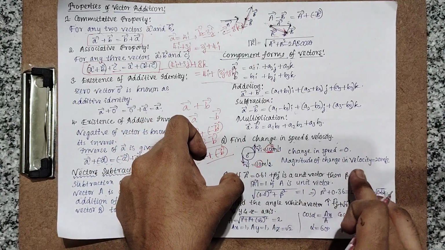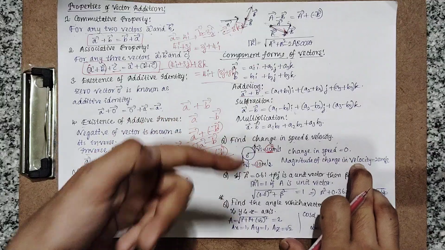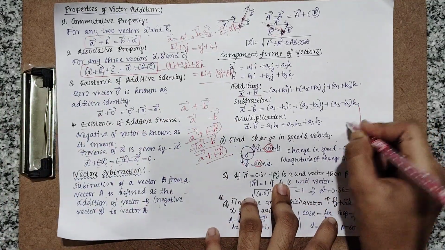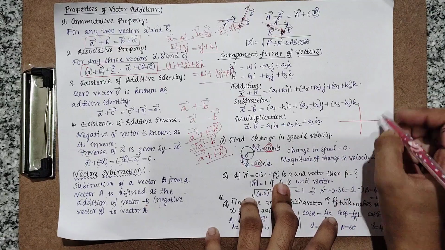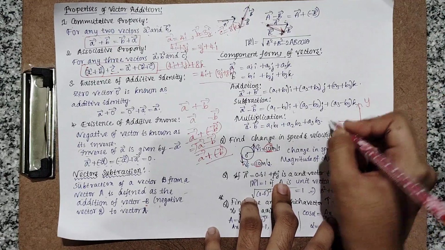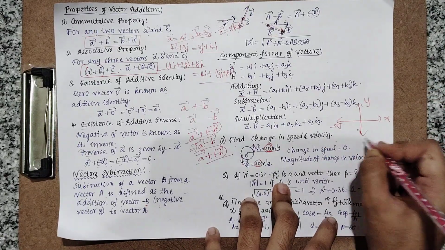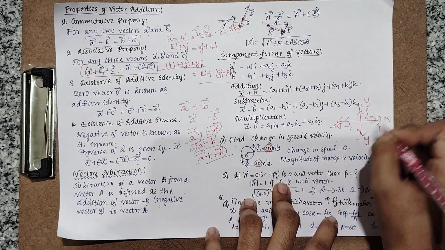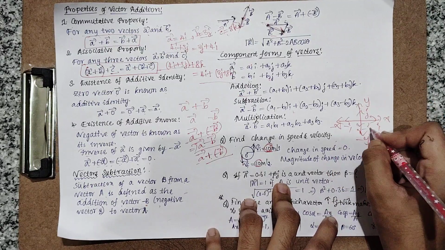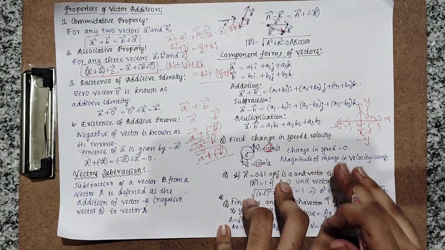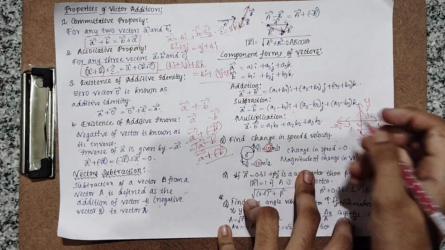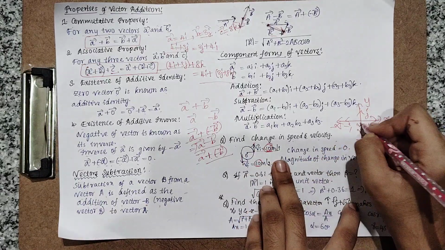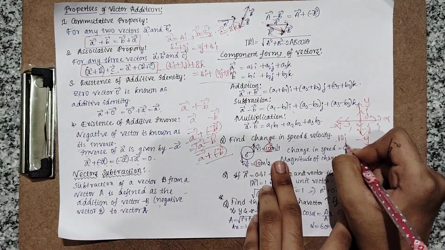But coming to velocity, velocity is a vector quantity. It means it also depends on the direction. See, if we consider this coordinate axis, this is your x, this is your y, this is your negative x, and this is your negative y. This will be your i cap, this will be your minus i cap, this will be your j cap, and this will be your minus j cap. Here, as they were asking the magnitude, this vi, that is v initial, is 10j.